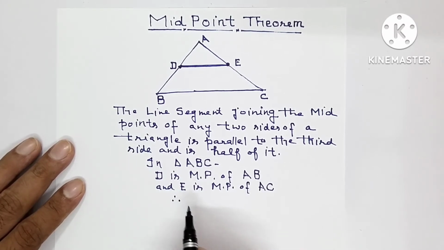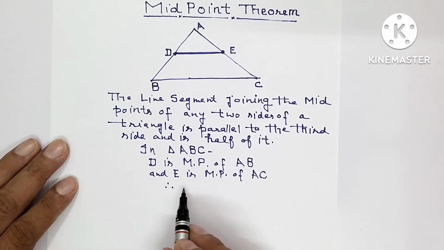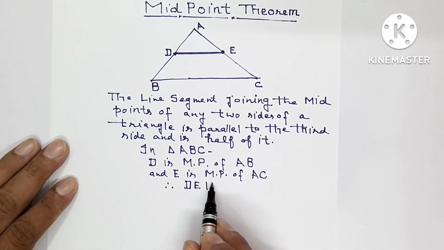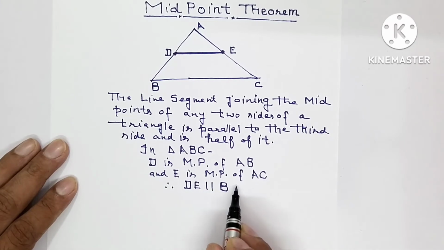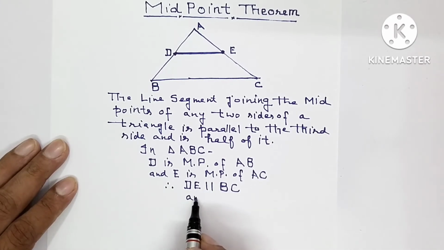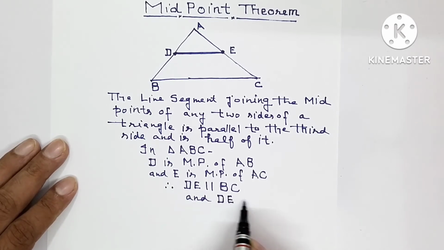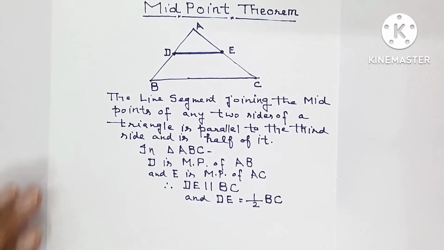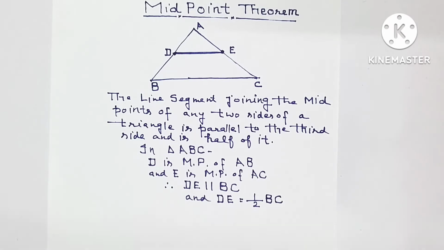So the line segment which is joining both these midpoints is DE. So we will write DE is parallel to BC and DE will be equal to half of BC. So this is the midpoint theorem, which will be applied in exercise 8.2 of the quadrilaterals chapter.